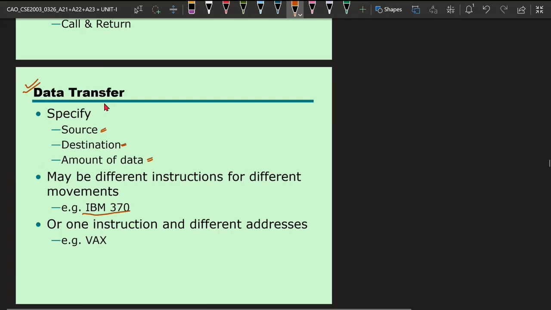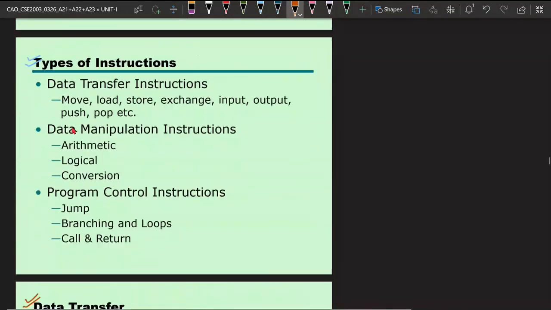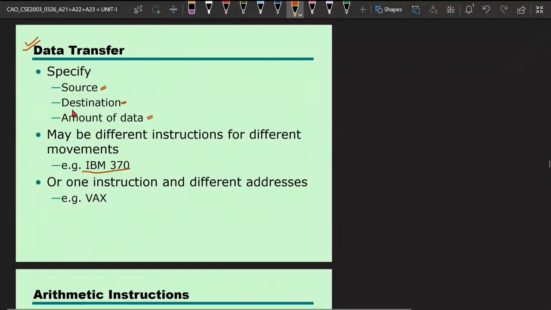But for move, what its name or mnemonic will be will differ in different systems or different architectures of the CPU. The core idea is to have a movement from one location to another, but its representation can be different.